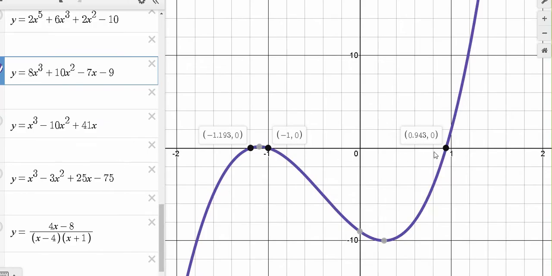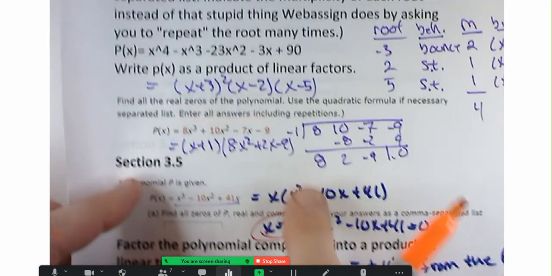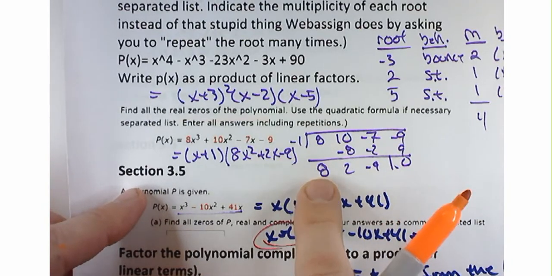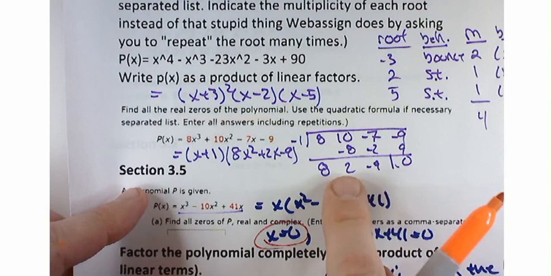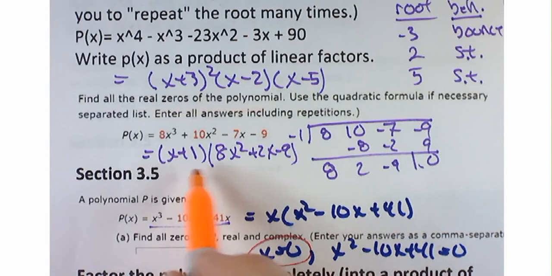Right here you can see that there's a root at -1. So what you'll do is use synthetic division and say, okay, if -1 is a root, then by synthetic division, I get this. That turns my polynomial p of x into x plus 1 times all this.